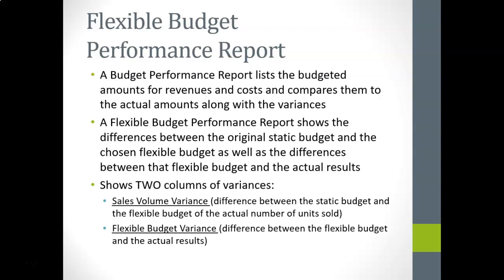And that's going to cause our costs to also be more, especially variable costs. Then we're also going to compare the flexible budget for the 52,000 units to the actual cost that we had for the 52,000 units. And that's called the flexible budget variance.